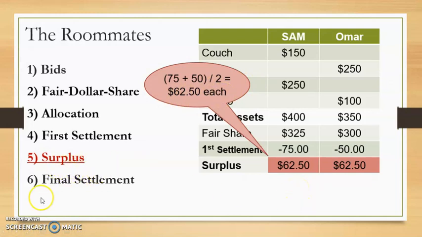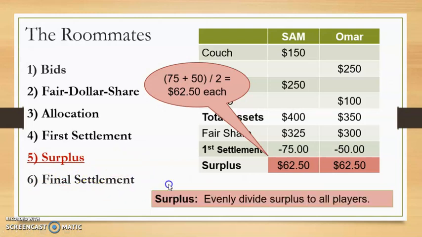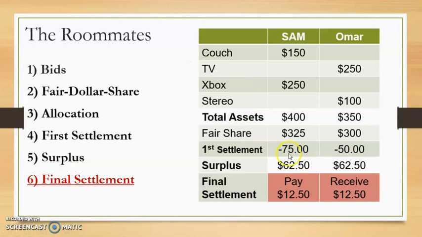So now that we know our surplus, we're ready to find our final settlement. So remember that Sam was originally paying in $75. He is now receiving $62.50 of the surplus. So we find the difference between those, and that's how much he will continue to pay. Because notice that the surplus is less than the amount he was originally paying, which means he's still going to have to pay.